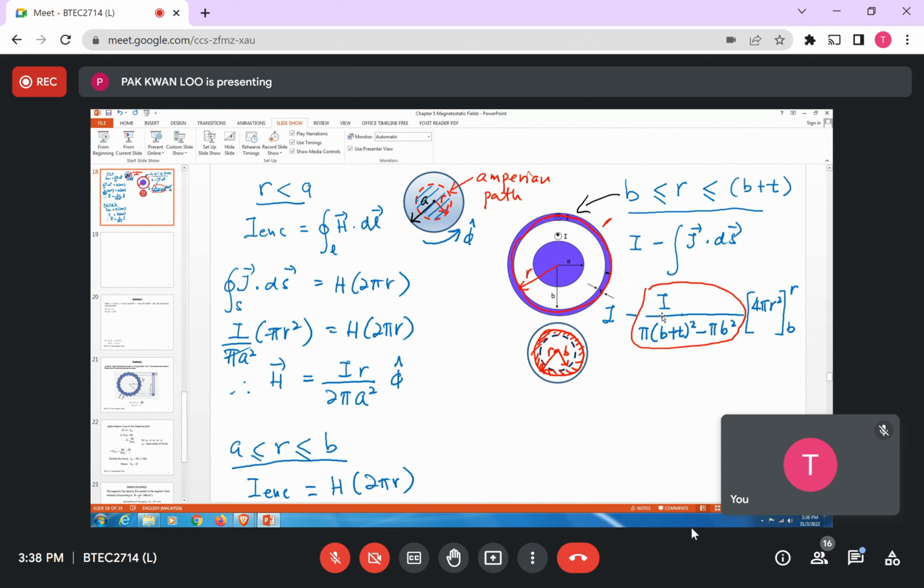Current density is current divided by area, and the total area of the outer conductor with thickness T is pi (B plus T) squared minus pi B squared. Does this make sense to you?